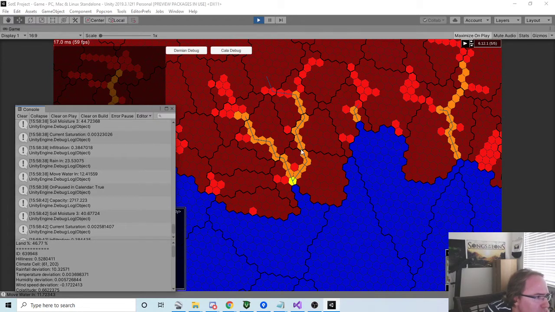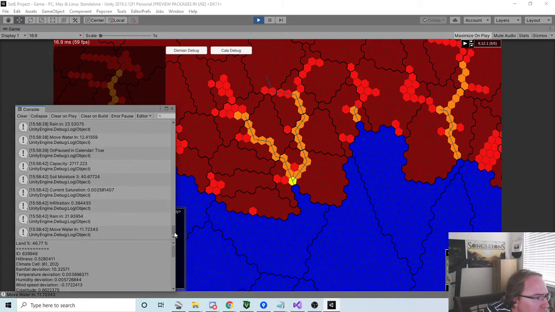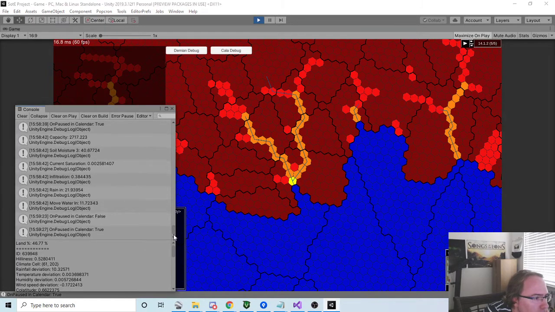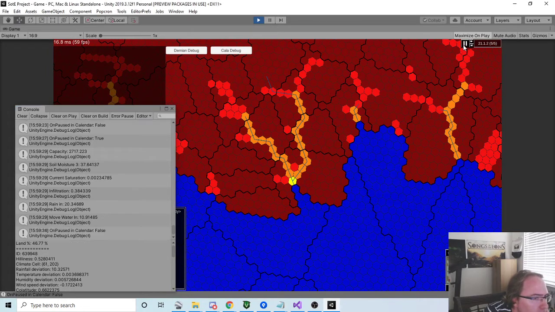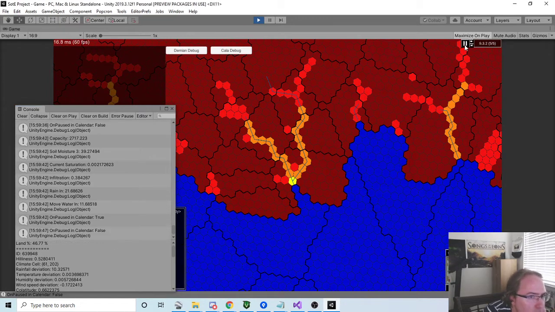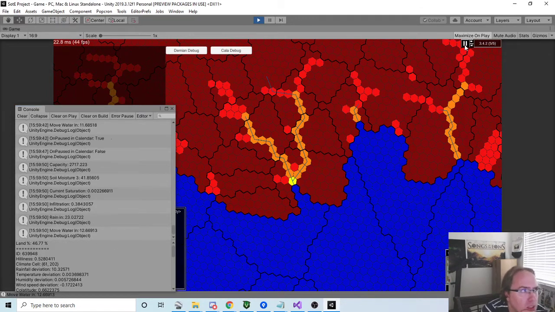I guess based on the water movement we see here, that's reasonable. Rain in. Roughly the same.